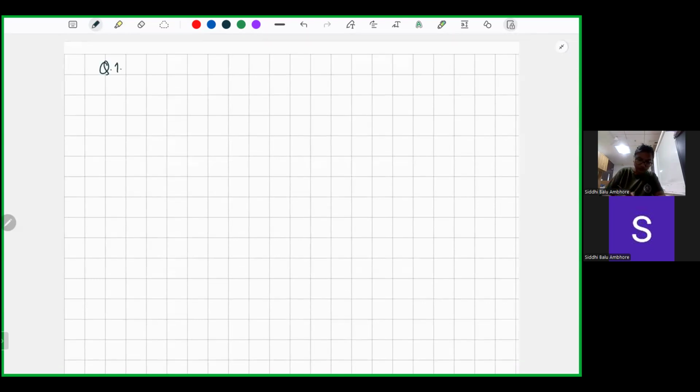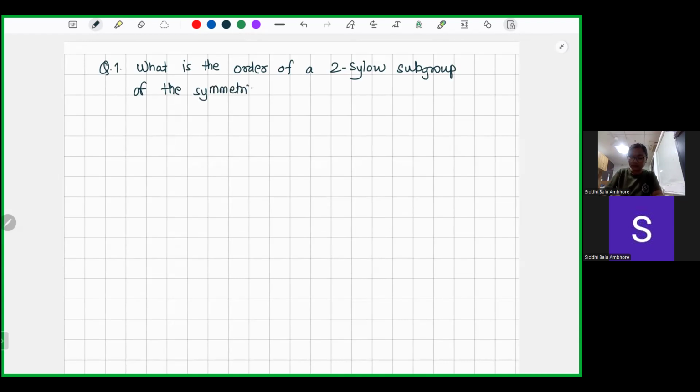So, question 1: what is the order of a 2-Sylow subgroup of the symmetric group S4?